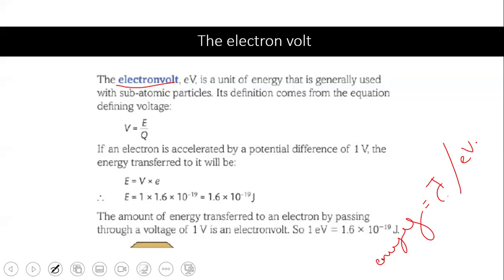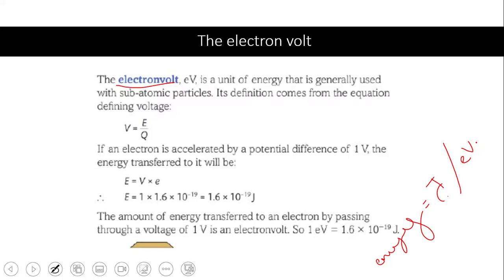Electron volt is basically the energy that we see when a potential difference of 1 volt is applied to one electron.